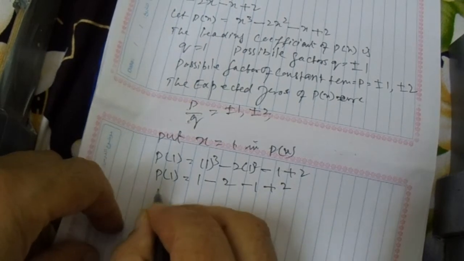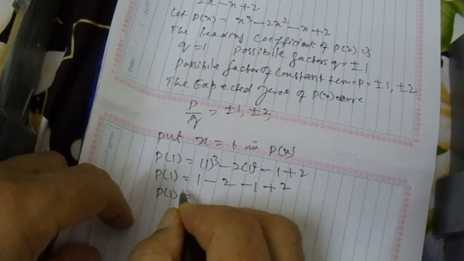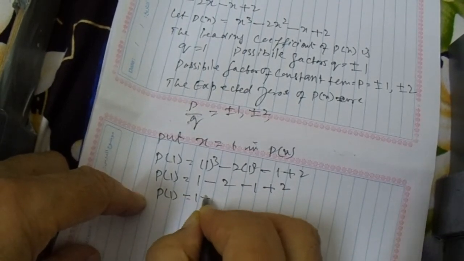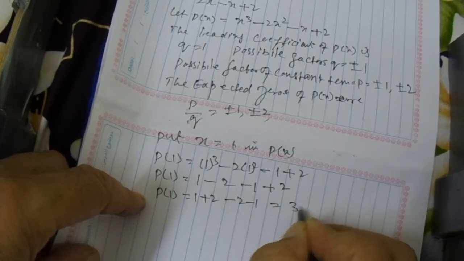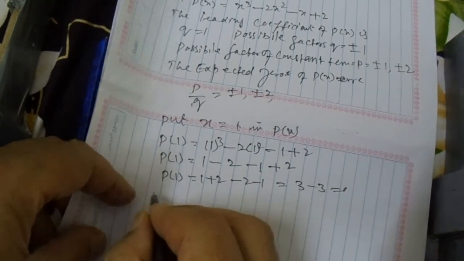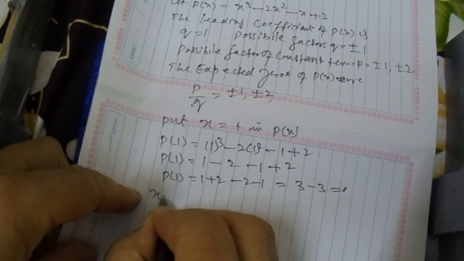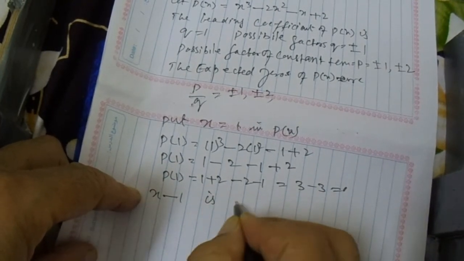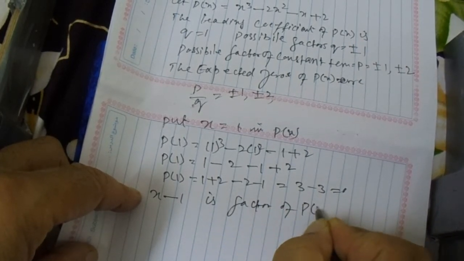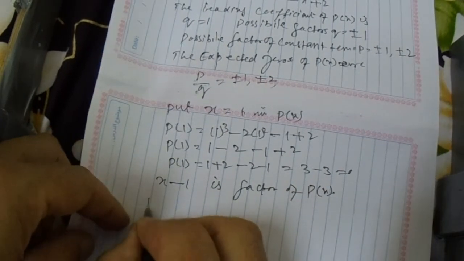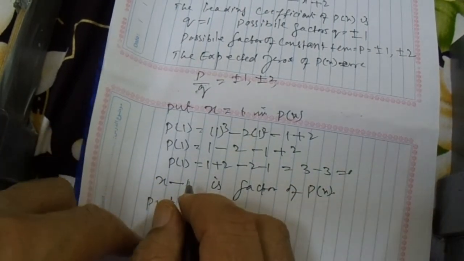Here p(1) = 1 + 2 and −2 − 1, which is 3 − 3 = 0. It means x − 1 is a factor of p(x).